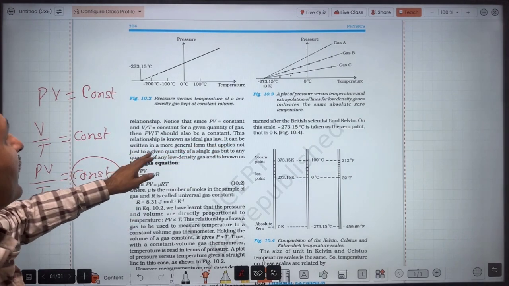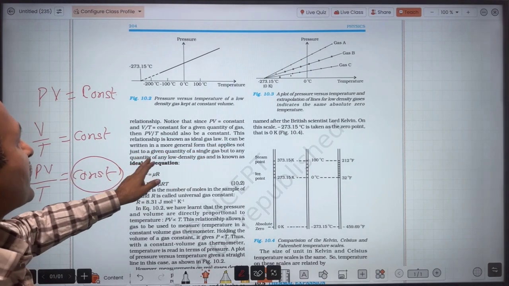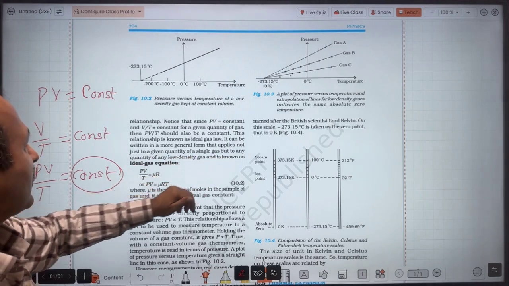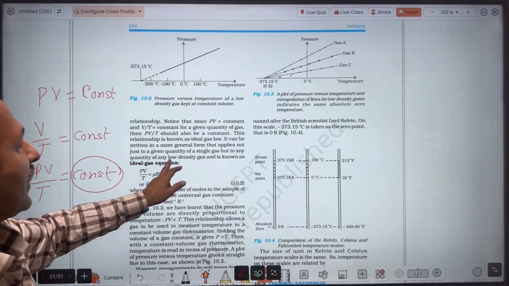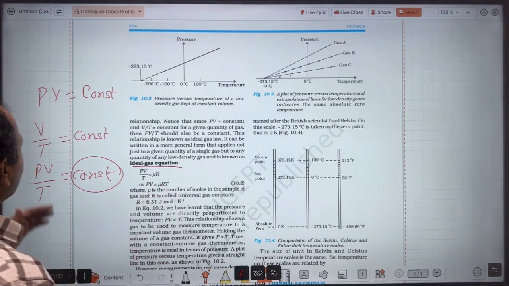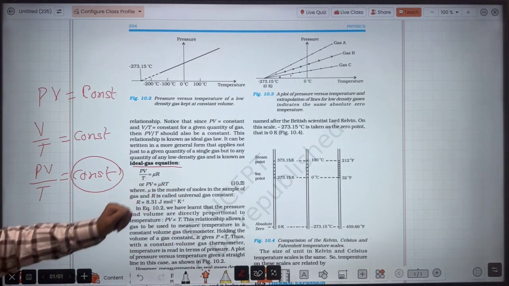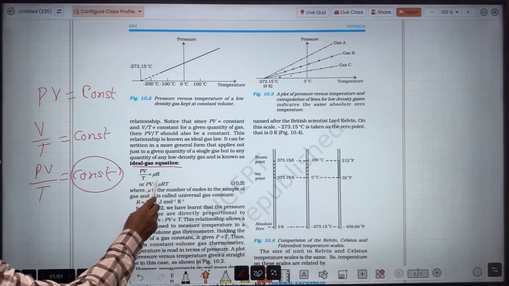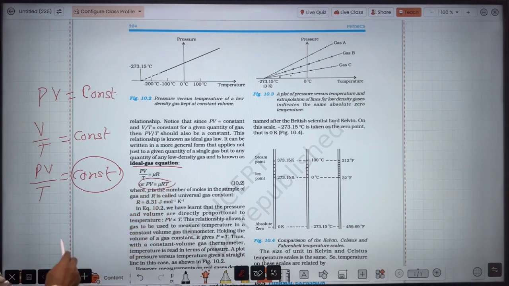So it can be written in a more general form that applies not just to a given quantity of a single gas but to any quantity of any low density gas, and is known as the ideal gas equation. So further we write it PV upon T equal to mu R or PV equal to mu RT, right? Up to here there is no problem.